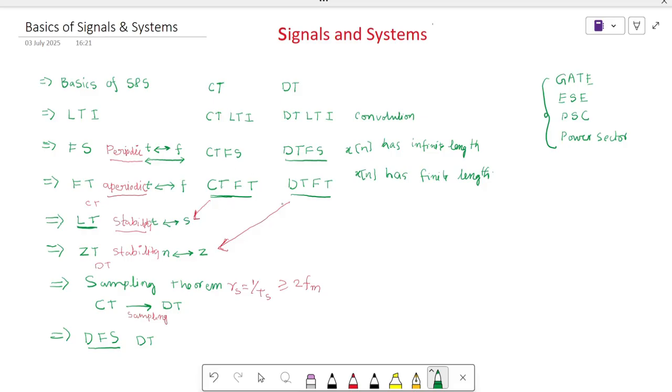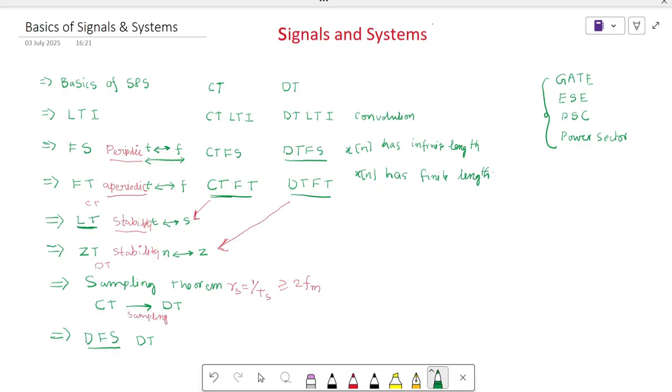Again some properties come in Laplace transform, and the same in Z transform. So the number of times we repeat these properties, you can easily memorize them. That is the major advantage of signals and systems.